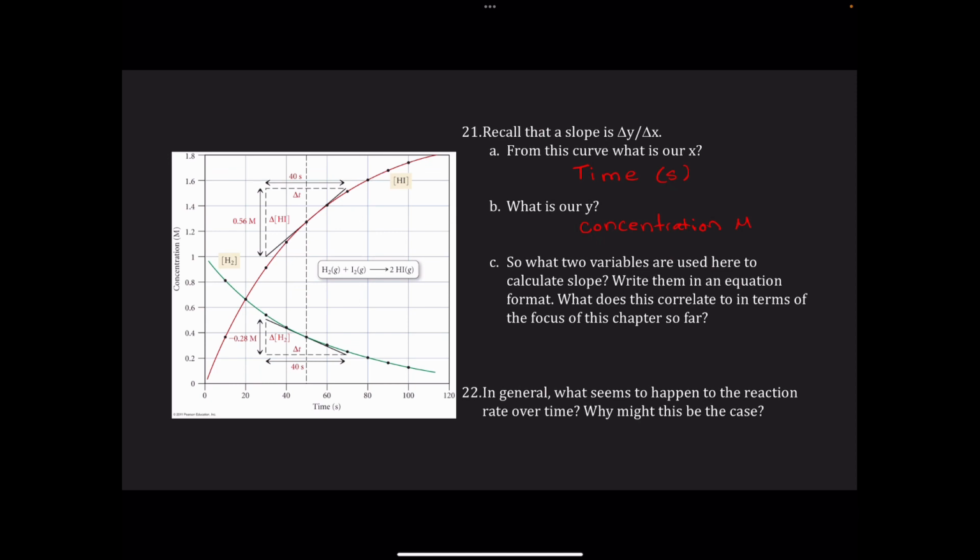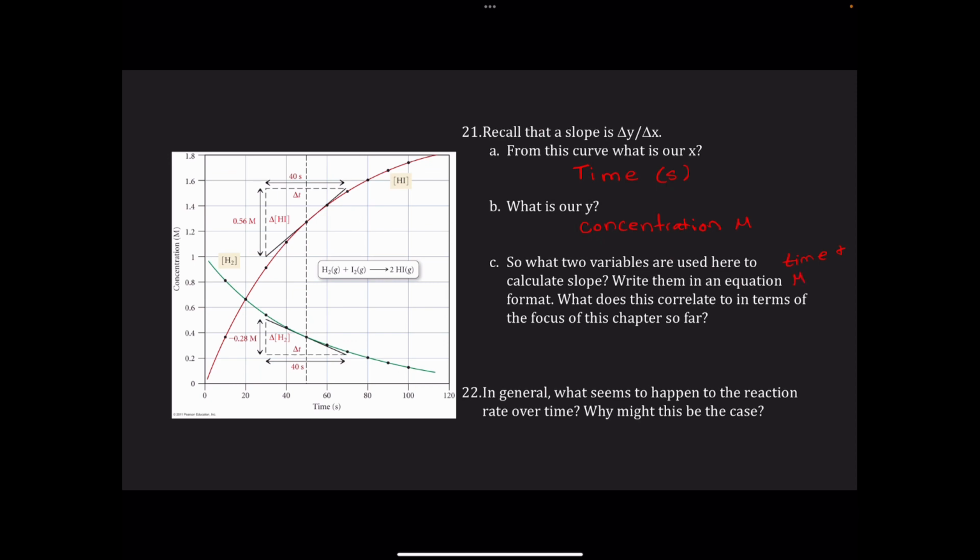So based on this, we're asked what two variables are used here to calculate slope. We're then asked to write them in an equation format. So what we need to calculate slope is time, so our x, and concentration, our y.